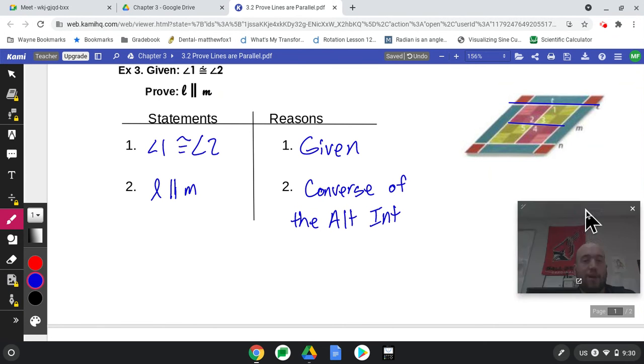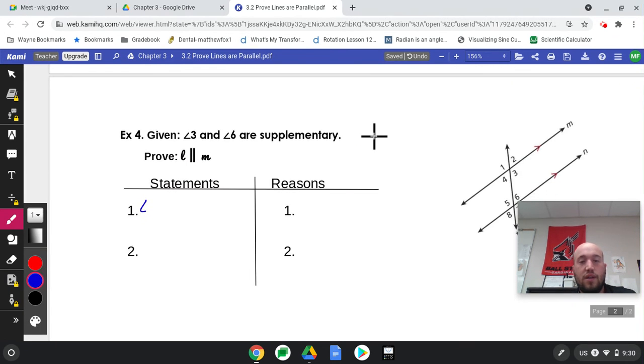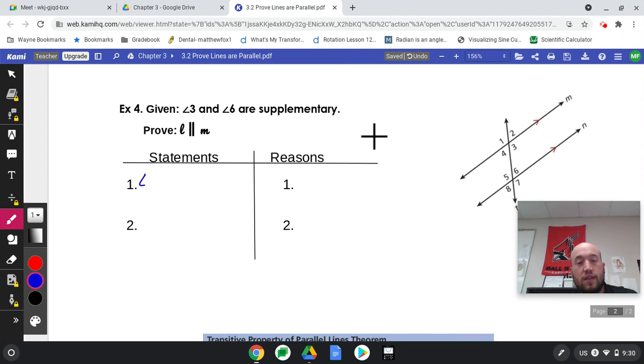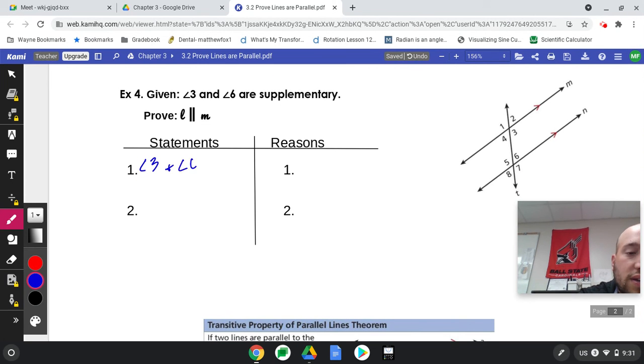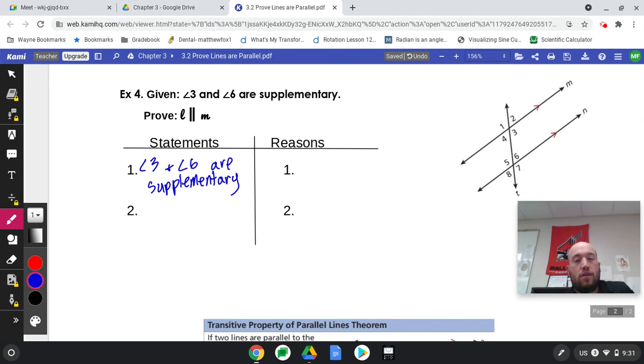If I were you, maybe pause it, take a look at this next one, and give it a try. Once again, we are told the given. That is where we always start. So angle 3 and angle 6 are supplementary. Remember, that means they add up to 180. And our reason is the given.